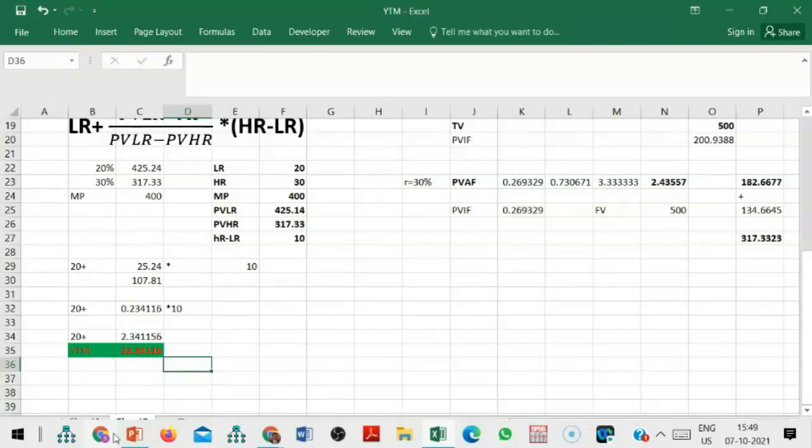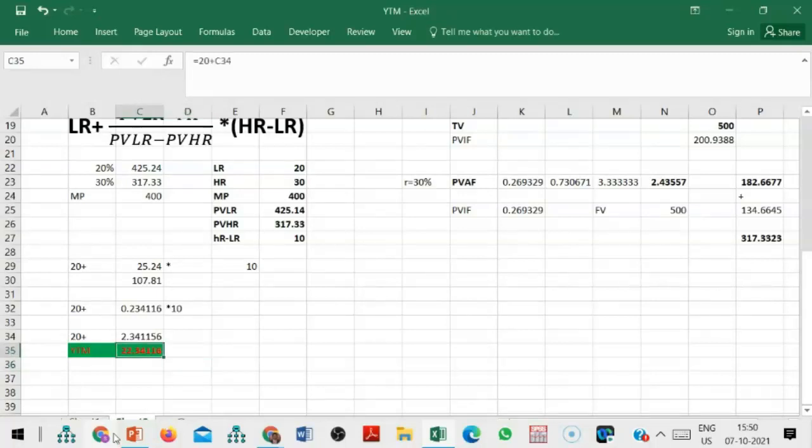What is the purpose for which I need to calculate this? Whether the served purpose can be fulfilled or not. This is my question. You can check the value 22.34.